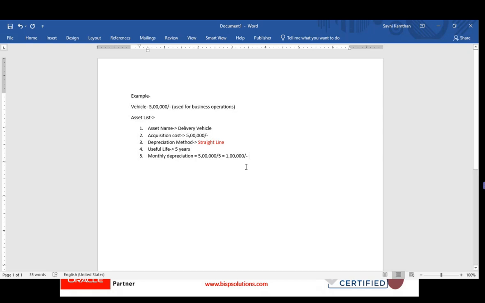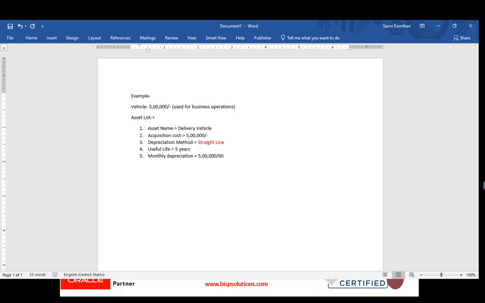This is for 5 years, and if we are calculating on a monthly basis, we will divide it by 60, because we are calculating for 5 years, and on a monthly basis we get 60 months.